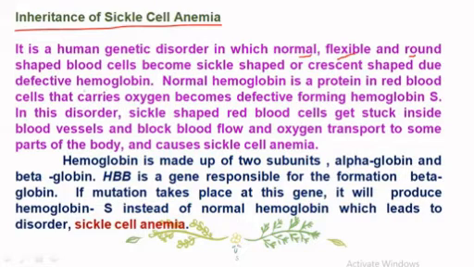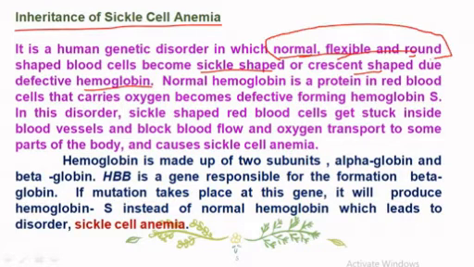Hemoglobin is a very important protein present in our blood, but due to some defects in hemoglobin, instead of normal, flexible, round RBCs, they are converted into sickle shaped, crescent shaped cells, and it will cause problems.